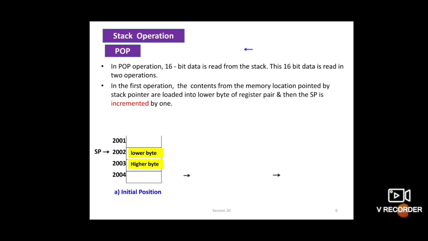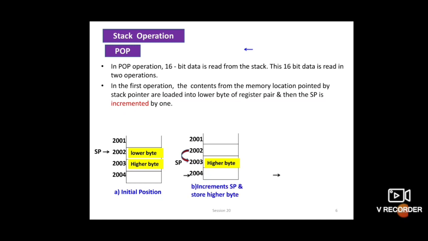Now see diagrammatically, this is the stack pointer, starting at the 2002 memory location. First pop the lower byte. After popping the lower byte, the stack pointer becomes 2003. From 2002 to 2003 means the stack pointer is incremented by 1.